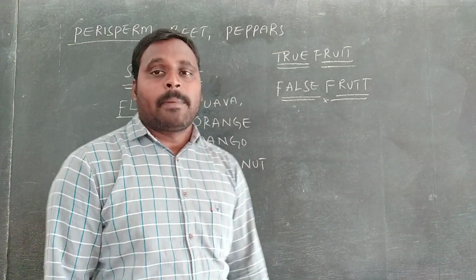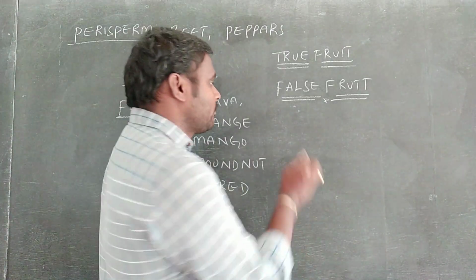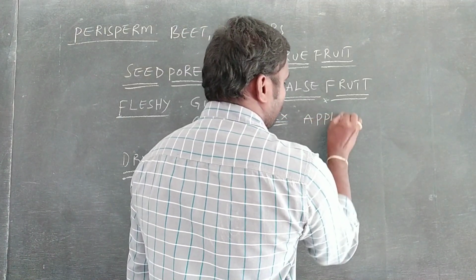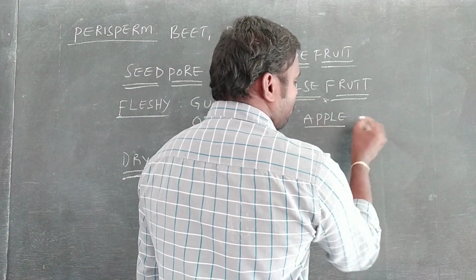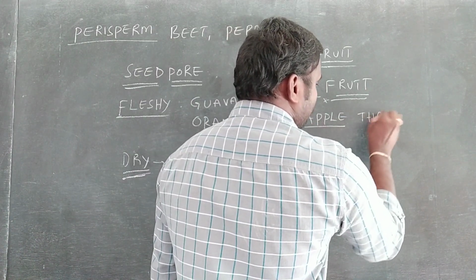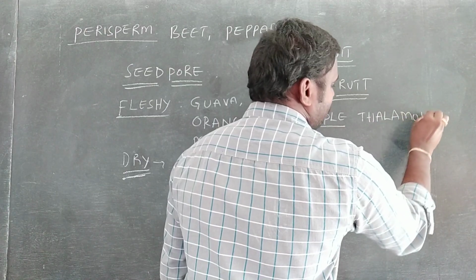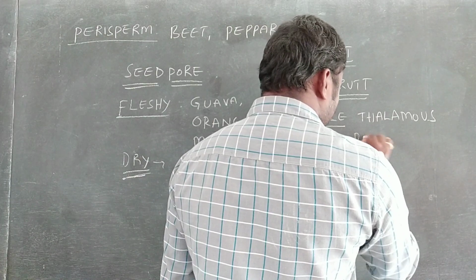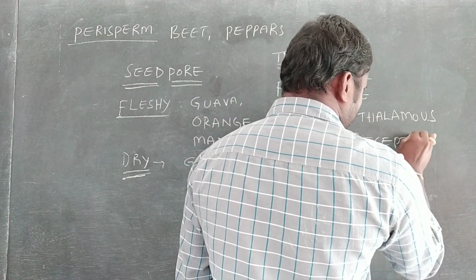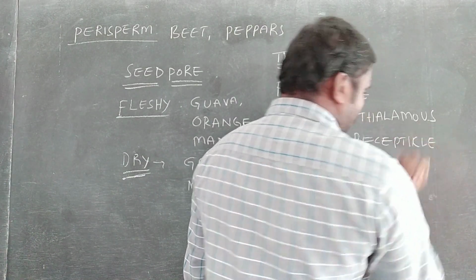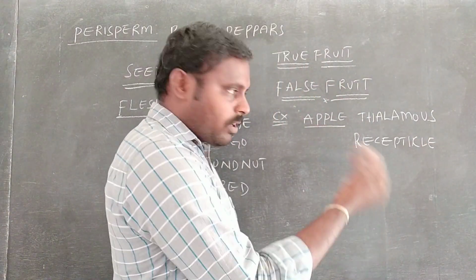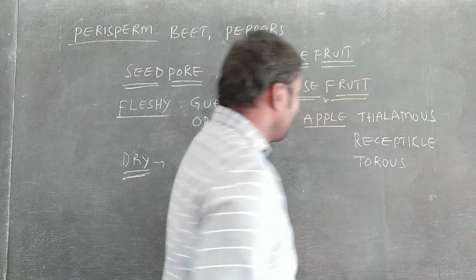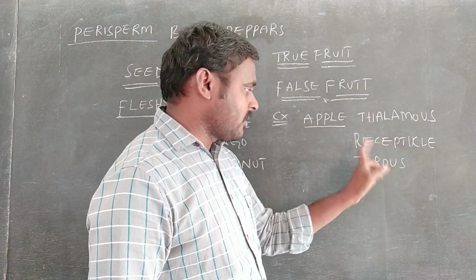For example, the apple develops from the thalamus. Another name for the thalamus is receptacle, and one more name is torus. So the apple develops from the thalamus, receptacle or torus.